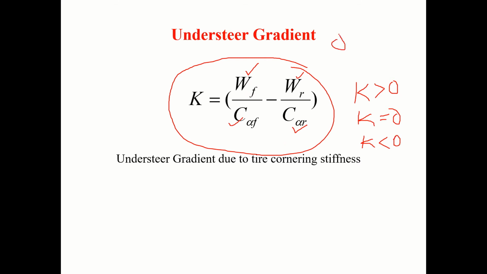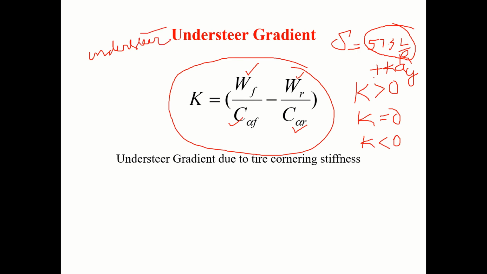Correct. Now delta is equal to 57.3 L by R plus K AY. K positive means delta, you have to steer more than 57.3 L by R. Then that case is understeer. 0 means exactly 57.3, then it is neutral steer.